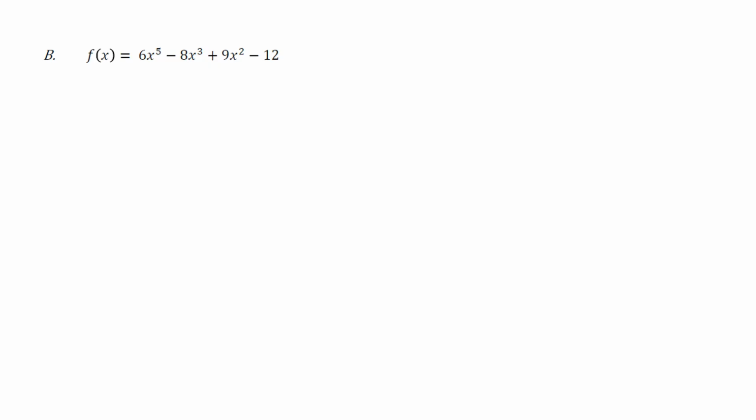B, f of x equals 6x to the fifth minus 8x cubed plus 9x squared minus 12. Okay. So we'll take p divided by q, where p is going to be the factors of 12, and q is going to be the factors of 6.